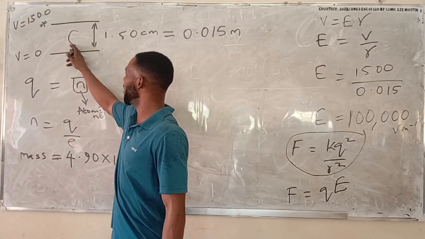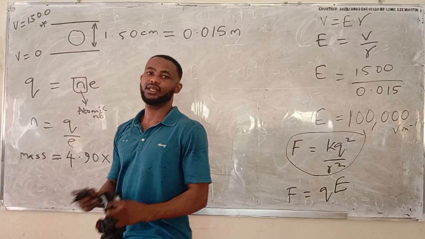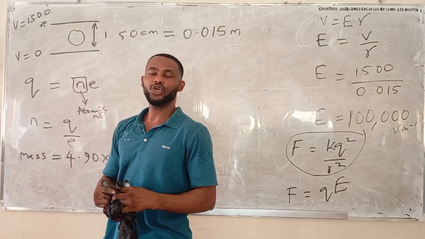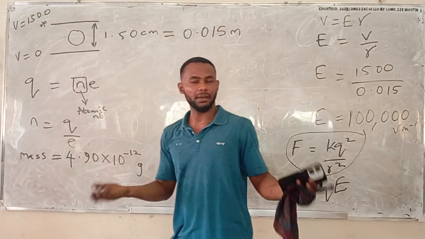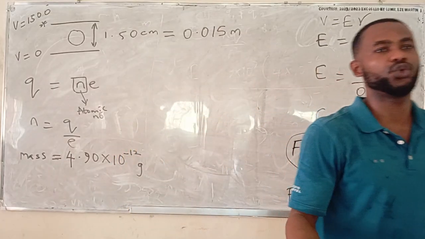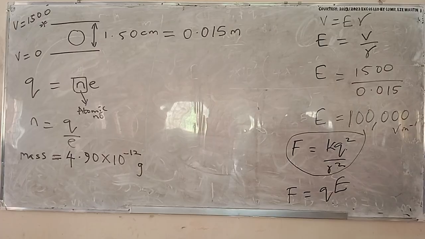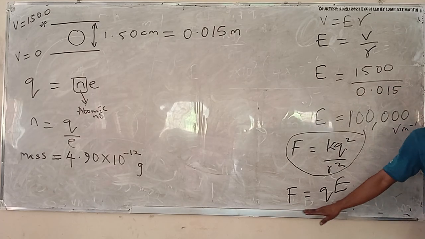It's where I am assuming that something is hanging. So I'm assuming that it is in an electric field, able to hang in air stationary. For me to make that assumption, that is why I'm going to be using this to solve.